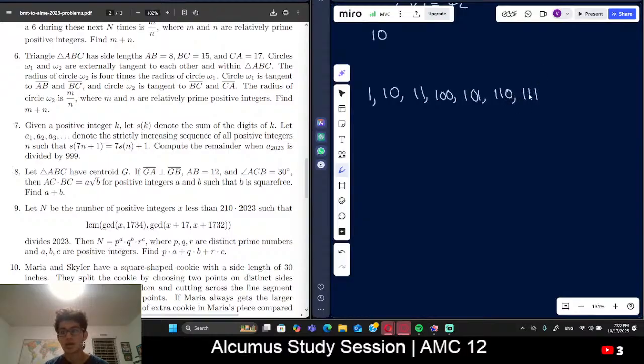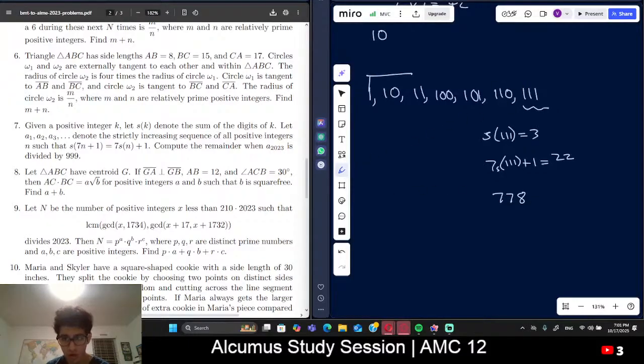Okay, yeah. s of 111 is 3. So 7 times s of 111 plus 1 is going to be 22. What if you multiply this by 7 and add 1? You'd get 778, which is also 22. So yeah, it does work.